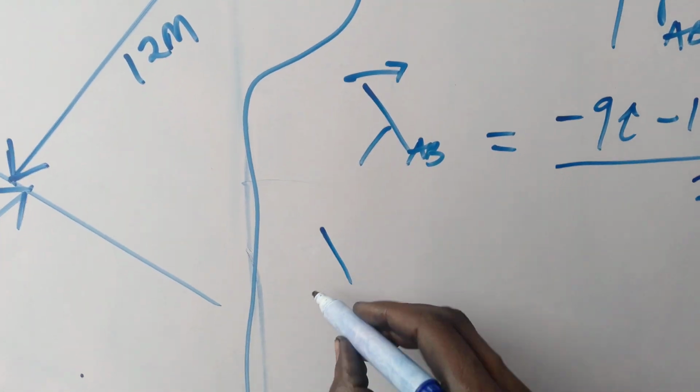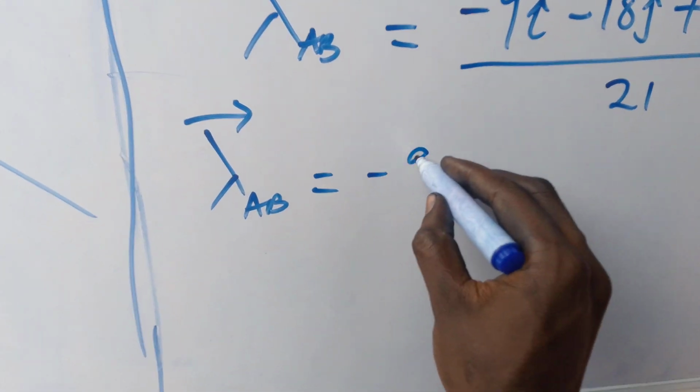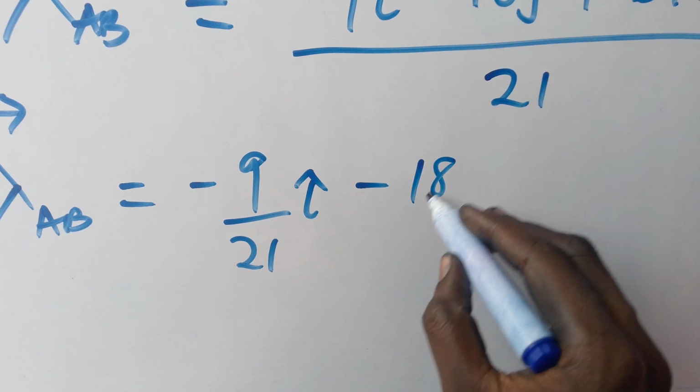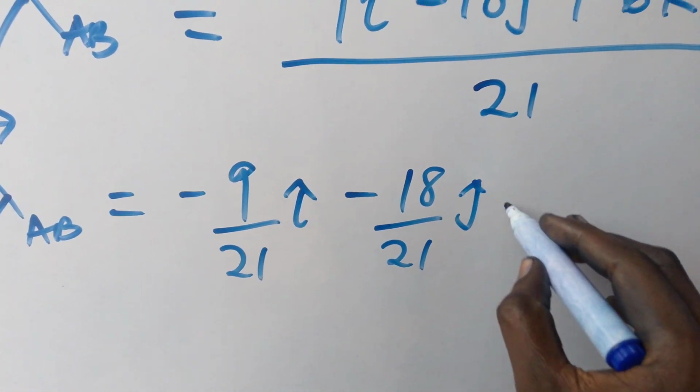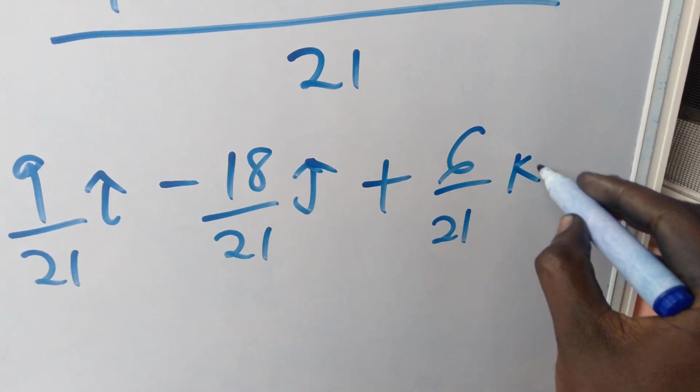So that means lambda AB equals minus 9 divided by 21 I minus 18 divided by 21 J plus 6 divided by 21 K.